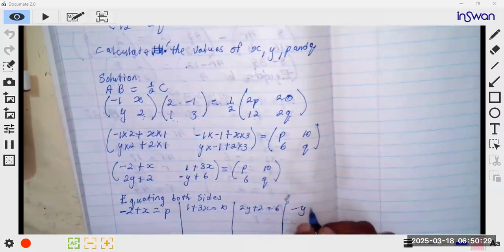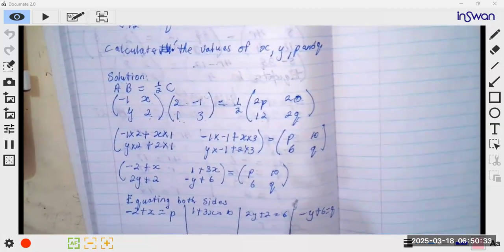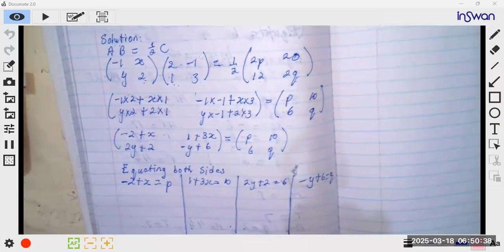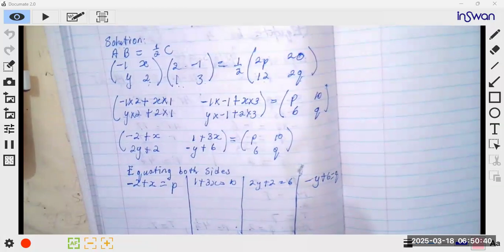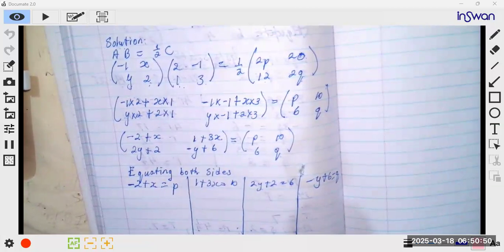So are you all seeing any of the equations that has only one letter? If so, which one? You all could call it out, you know.